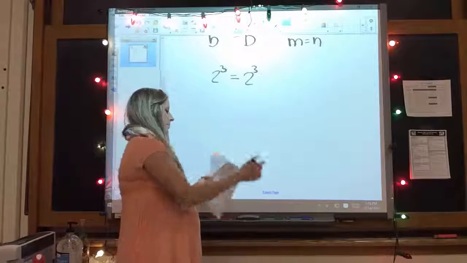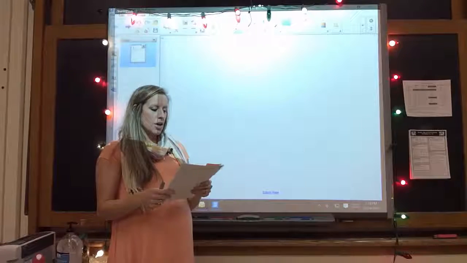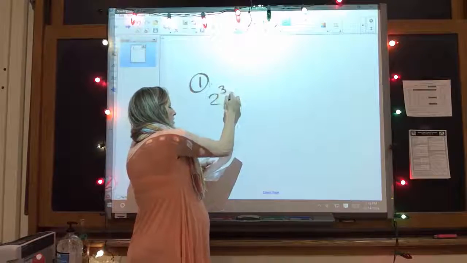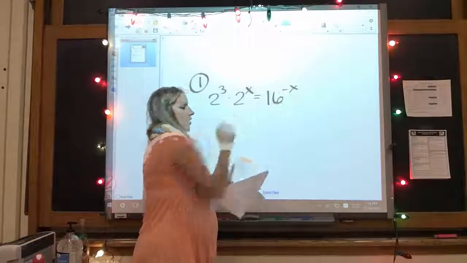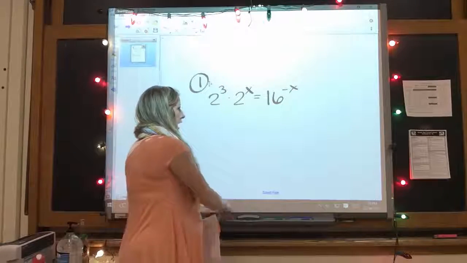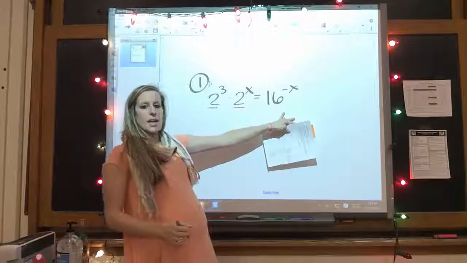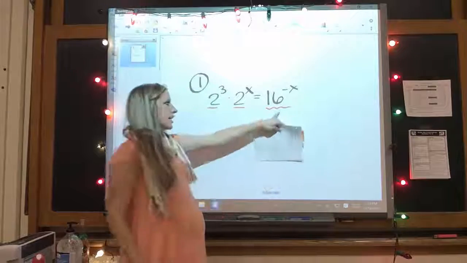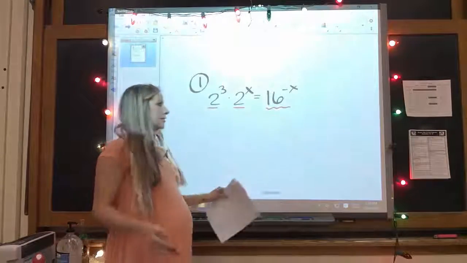But the problem happens whenever you don't have the same base. So like let's look at number 1. 2 to the third times 2 to the x equals 16 to the negative x power. Okay. So I have bases of 2 on the left side, and on the right side I have a base of 16. So I'm going to have to try to get this 16 to be a base of 2 if I can.